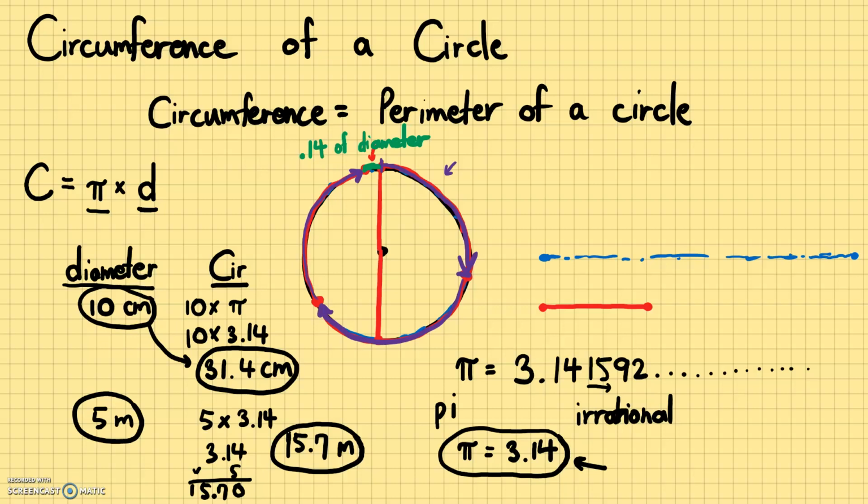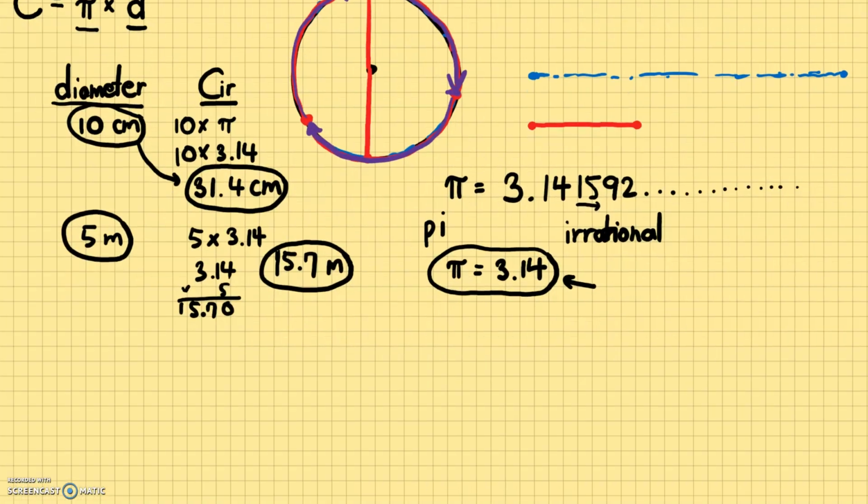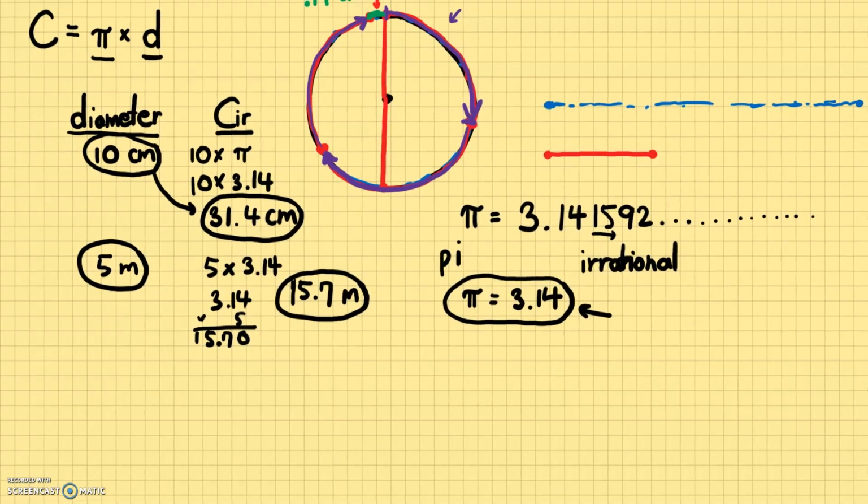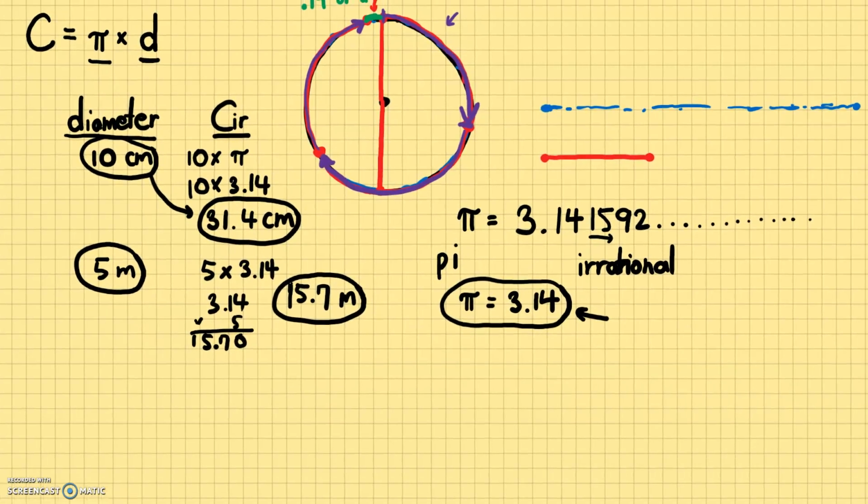Now, what if we know the radius but not the diameter? Actually, let me keep the formula here. Okay, circumference is pi times diameter.